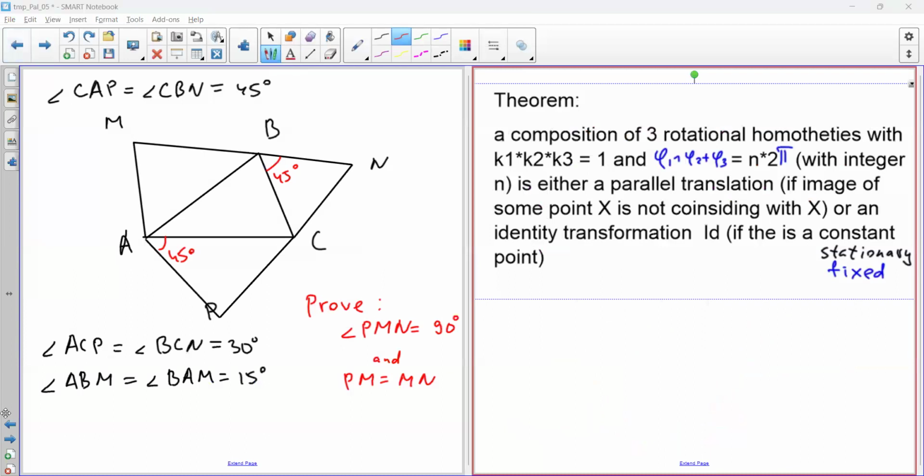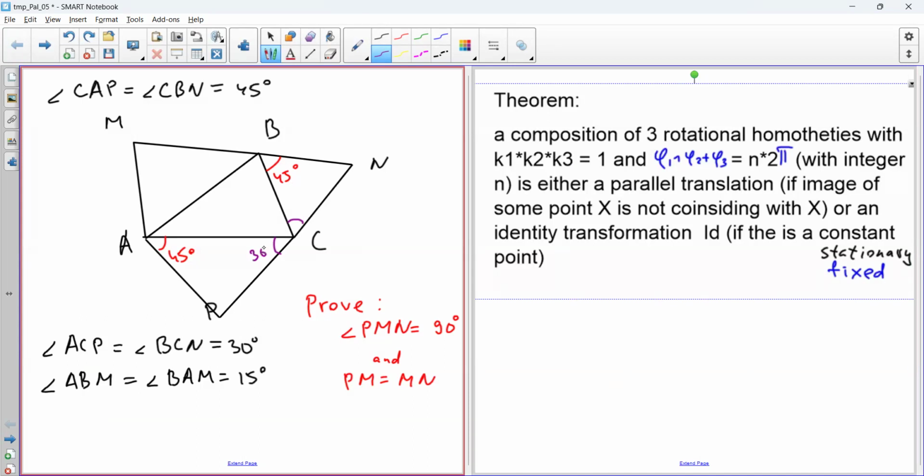So the statement is that somehow this problem would be related to this theorem. Let me denote the angles: CAP and CBN, ACP and BCN.